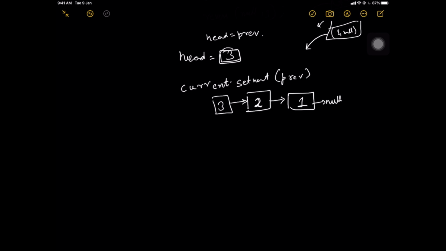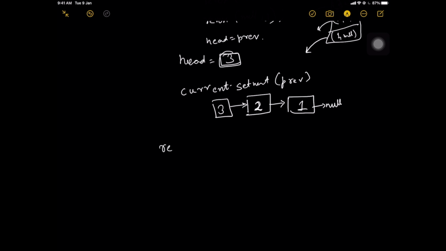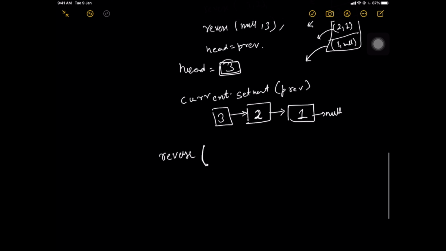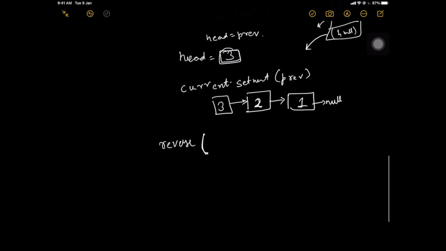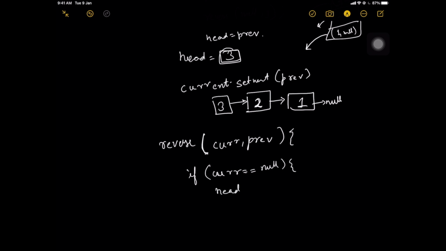So it would look something like, let's say we have a function reverse. Again, I'm saying head is available to us. If not, we'll see it in the implementation. We'll try to solve this problem on LeetCode using recursion. So let's do reverse current node comma previous node. What it does is, if current node is null, then we set head as the last node which was available to us, previous, and then we return.